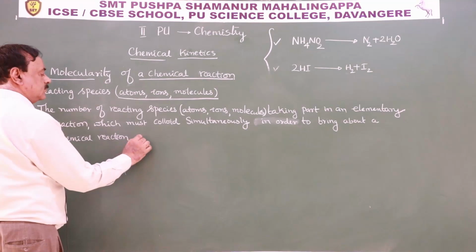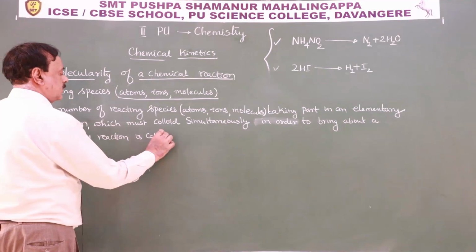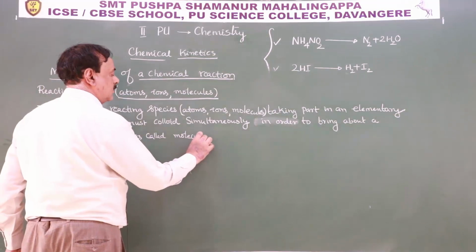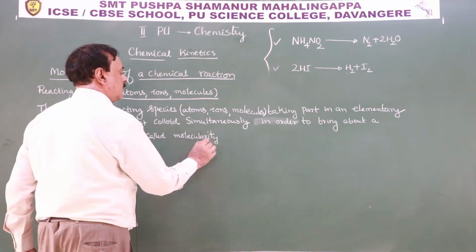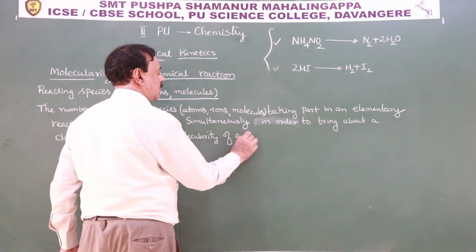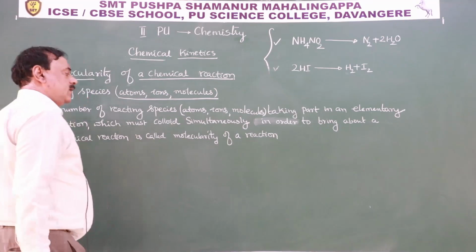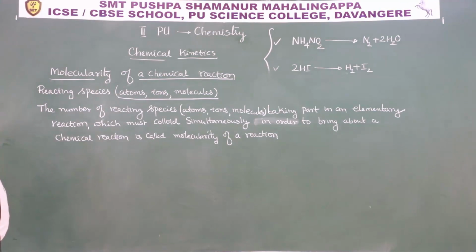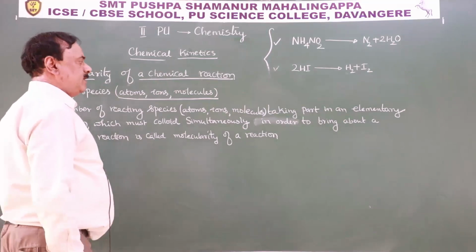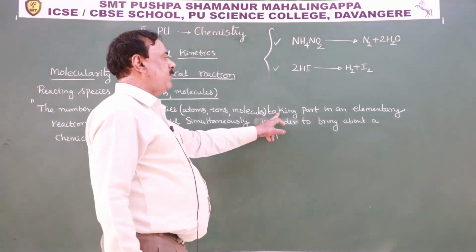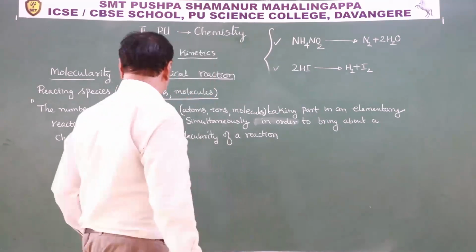...is called molecularity of a chemical reaction. The number of reacting species may be atoms or ions or molecules taking part in an elementary chemical reaction.